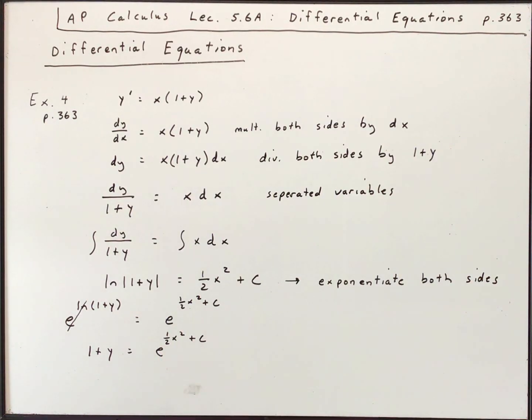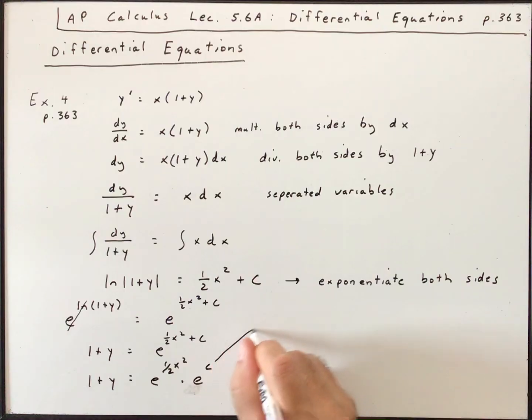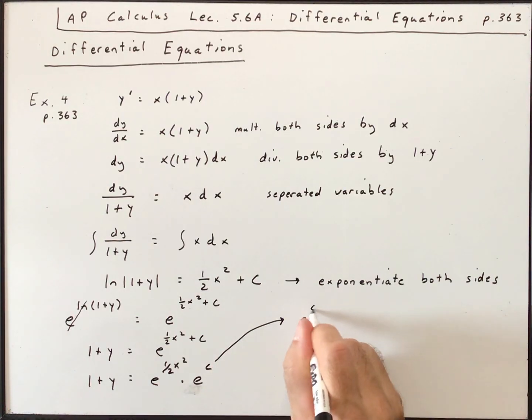Now we're almost home. We can rewrite the expression on the right side of the equal sign as e to the 1/2 x squared times e to the c, because when you have addition of exponents, that's the same as multiplying the same base to the exponent. And e to the c is just a constant.